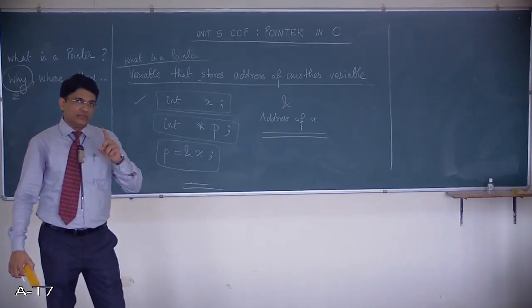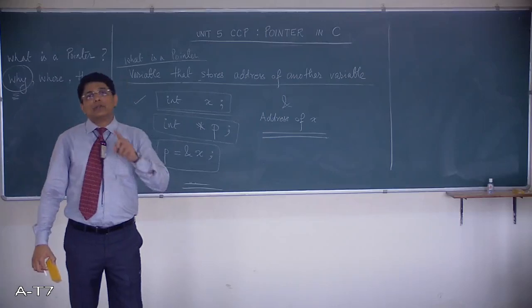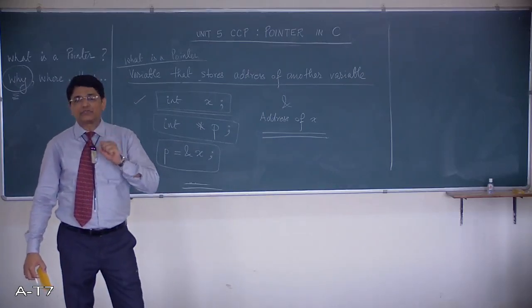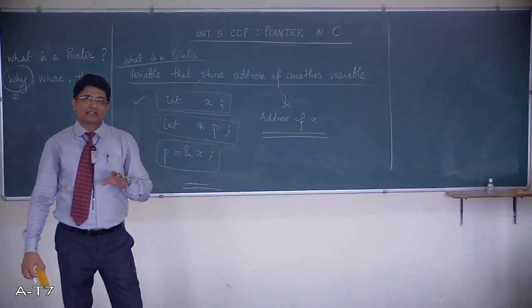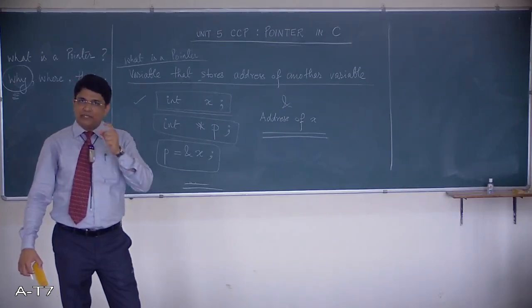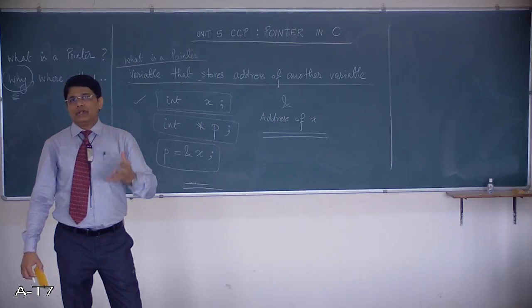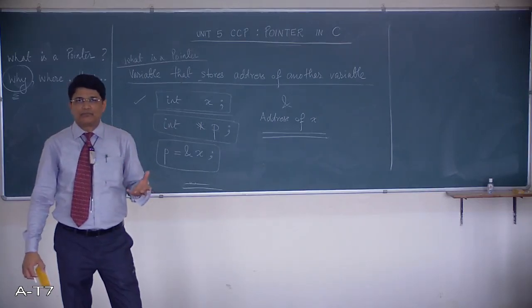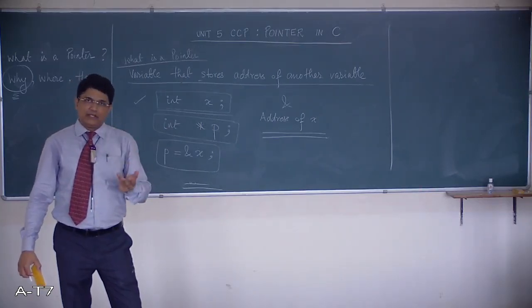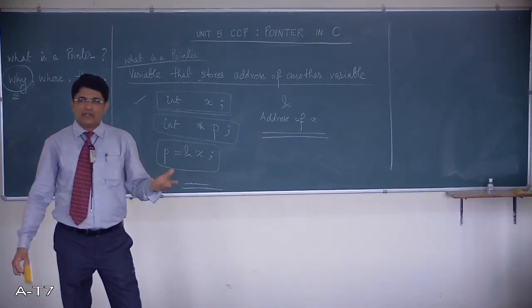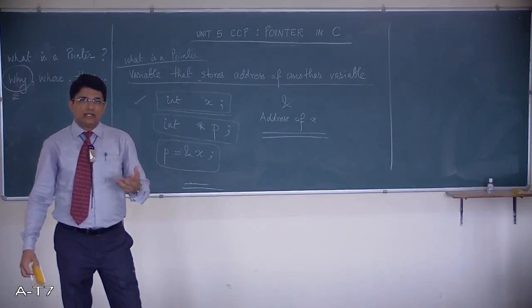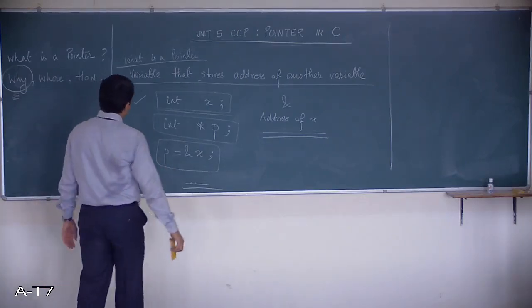If we are able to access the values of variables not using the variable names but by using the variable addresses, then we are reaping some benefits of using pointers in our programming. We are speeding up execution, we are making it less complicated, we are making the code more efficient. We are saving time, and time is money.